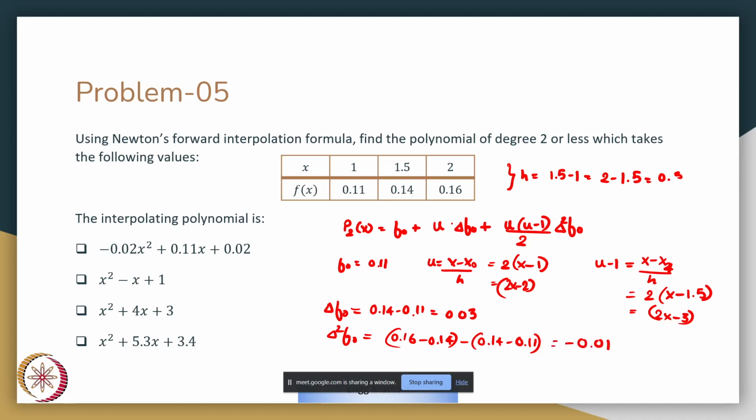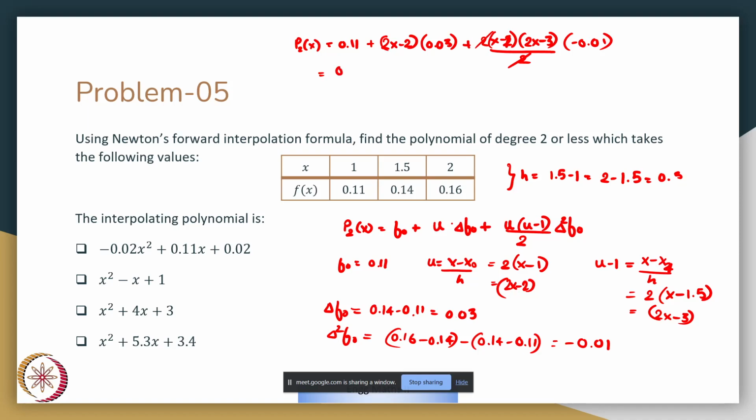So in our case, the polynomial P2 of x essentially looks like 0.11 plus (2x minus 2) into 0.03 plus (2x minus 2), so twice of (x minus 1), into (2x minus 3) upon 2 times minus 0.01.